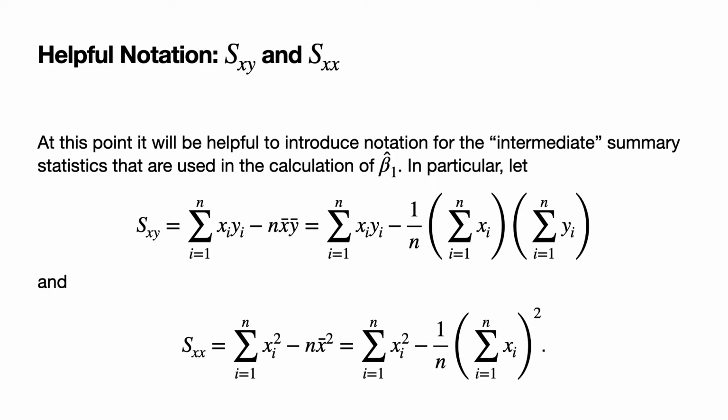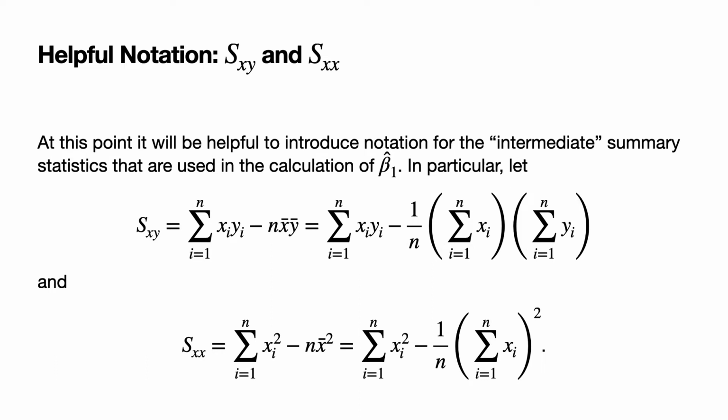And note that we can re-express that as the sum of the products of the x's times the y's minus 1 over n times the sum of the x's times the sum of the y's. Now, it may not be clear, but this is actually a shorthand or computational way of expressing the corrected sum of products for the x's and the y's.